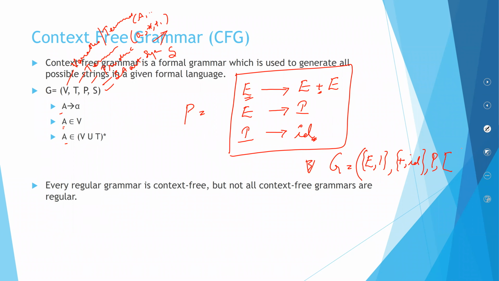In this particular grammar, E is my start symbol. So I can say G is equal to V, T, P, S. This is how the form of a grammar takes place. You have your variables, your terminals, your production rules, and your start symbol S. In this example, my start symbol is E.